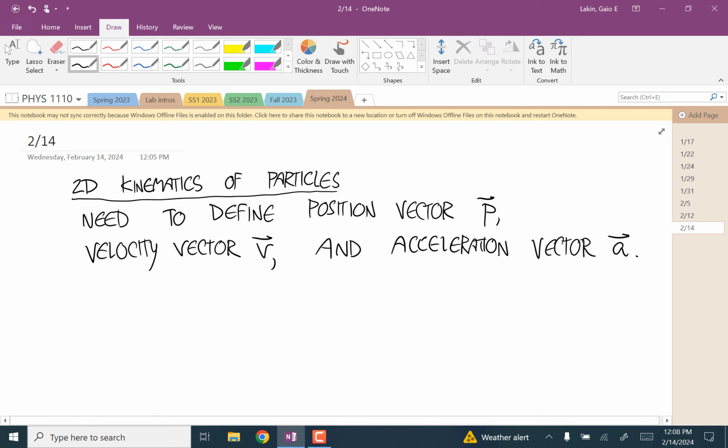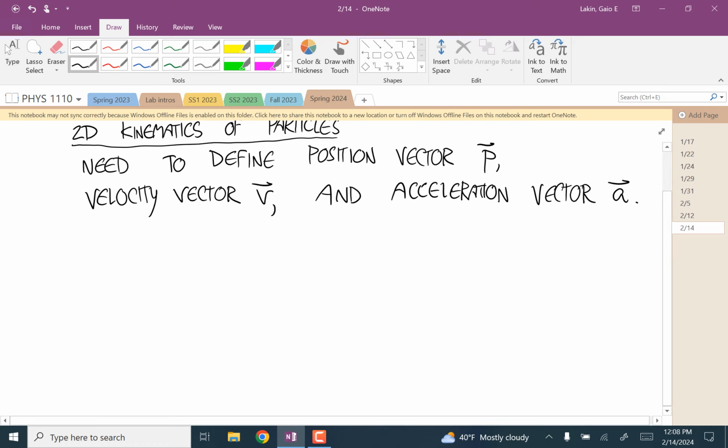These are all vectors. I'm going to start with position, and with each of these three, position, velocity, and acceleration, I'm going to give you a definition of it that you should try to keep in your head. And I'll say some other things about it that you should try to remember as you work through problems. So the first one is the position vector.